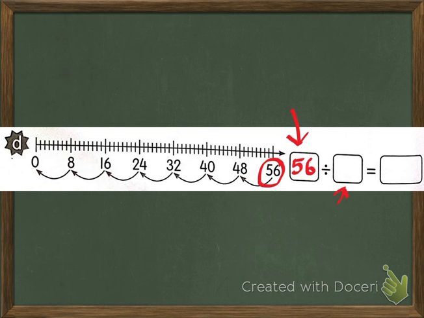Okay, look at here. 0 to 8. So it must be equal. So 56 divided by 8. This is the number of groups. How many? 1, 2, 3, 4, 5, 6, 7. So 56 divided by 8 is 7.